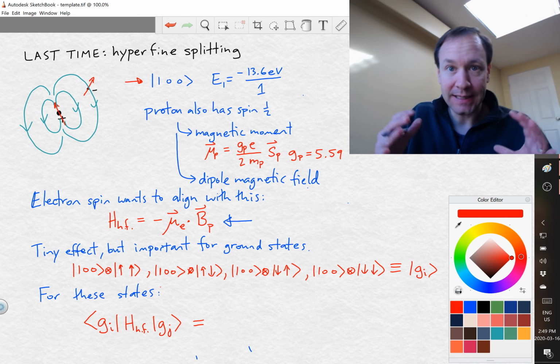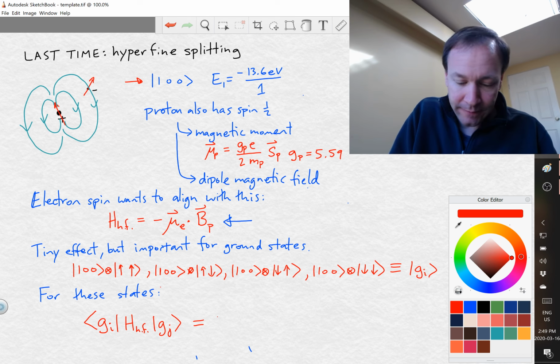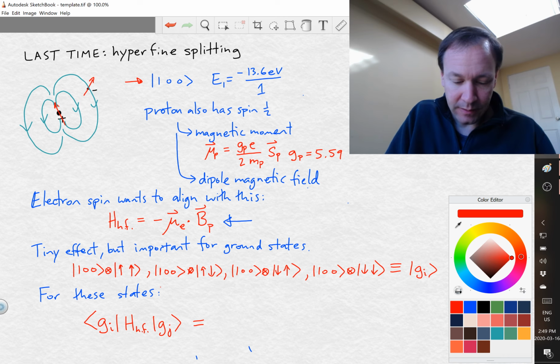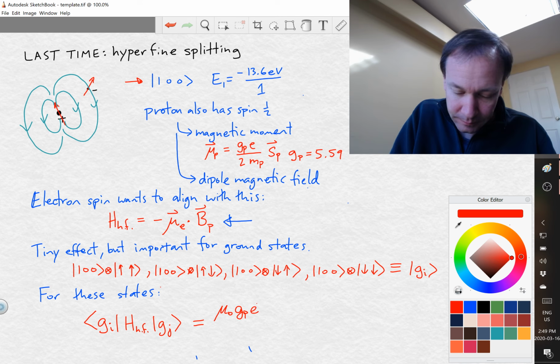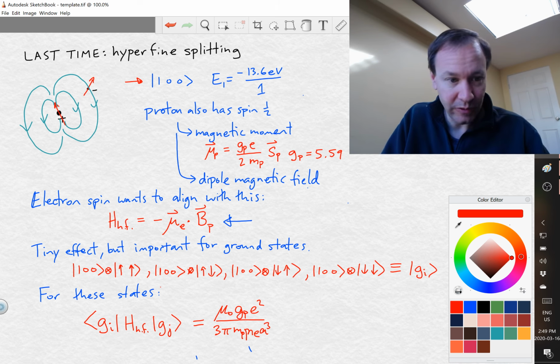So we get that this 4x4 matrix of matrix elements for the hyperfine Hamiltonian turns out to be equal to some constant, writing that out, times 1 over a cubed, where a is the Bohr radius.